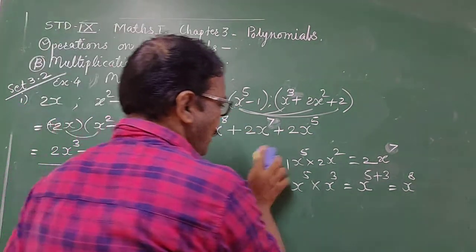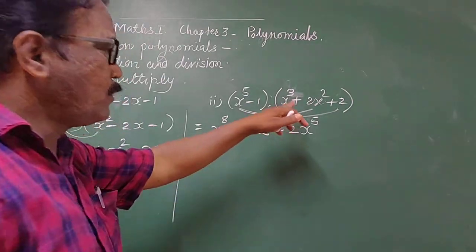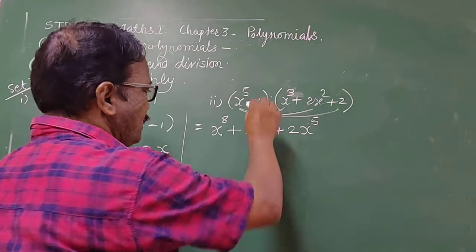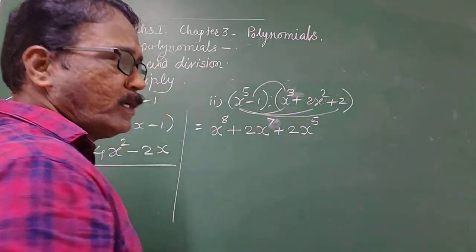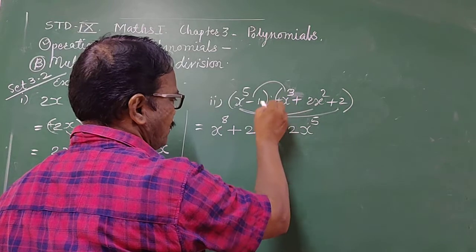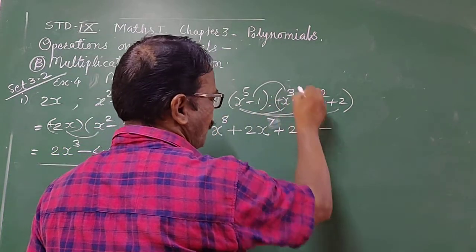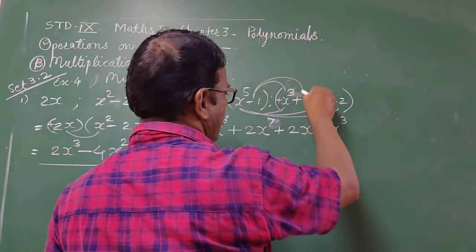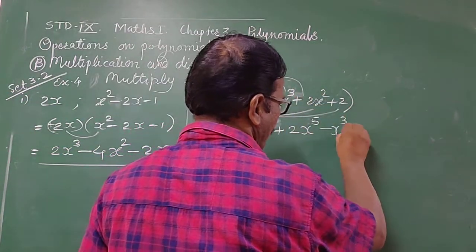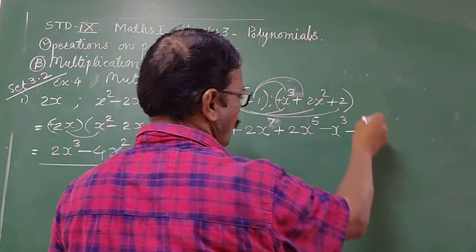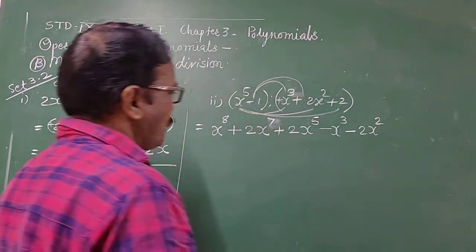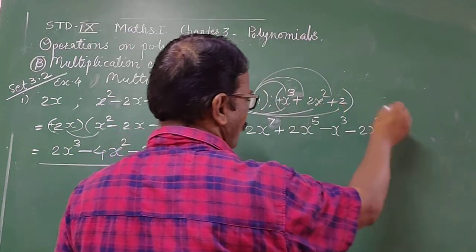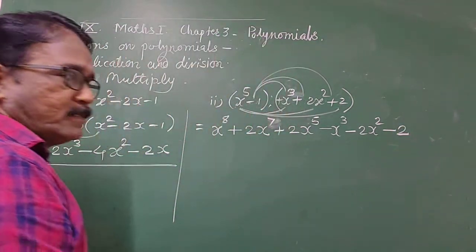So we multiply x raised to 5 to each term of the other polynomial, and then multiply minus 1 to each term. Minus 1 into x cube gives minus x cube, minus 1 into 2x square, and minus 1 into 2, like this.